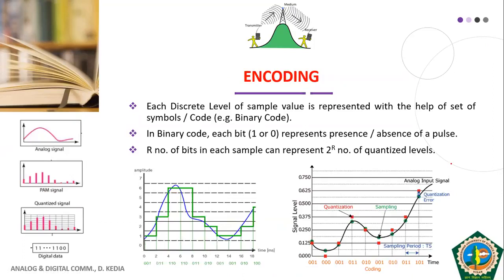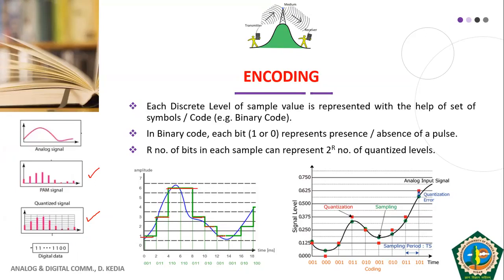After sampling and quantization, the next step is encoding. We all know the meaning of encoding. We have done sampling and quantization. Now, whatever quantization levels we have taken, we will represent these levels with the help of a binary code.